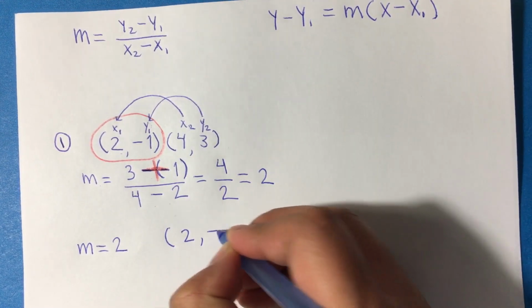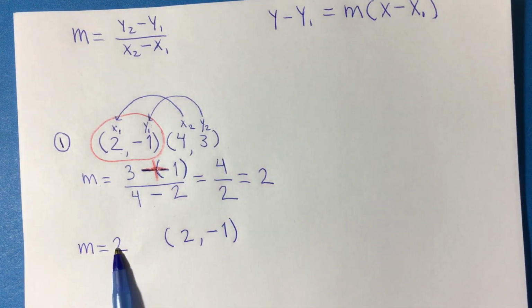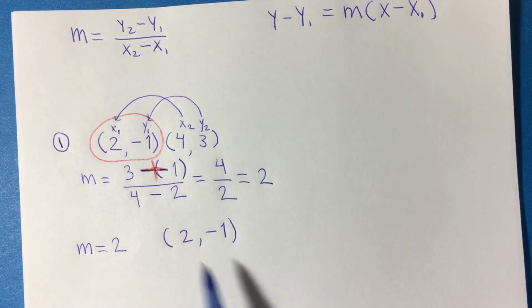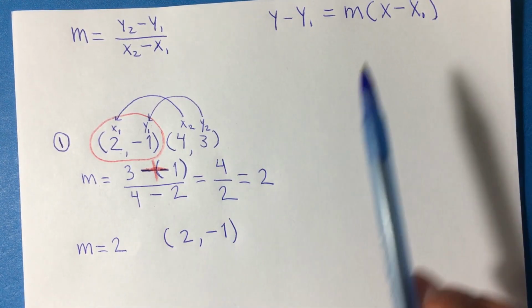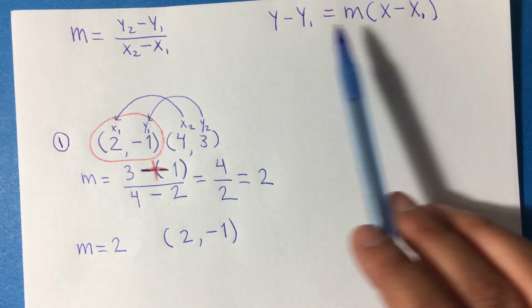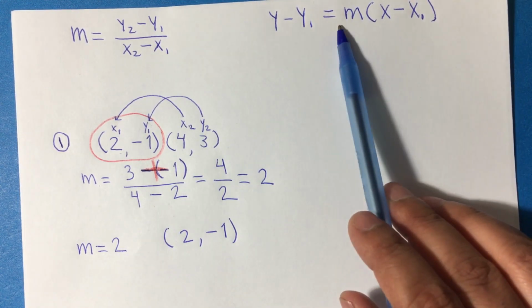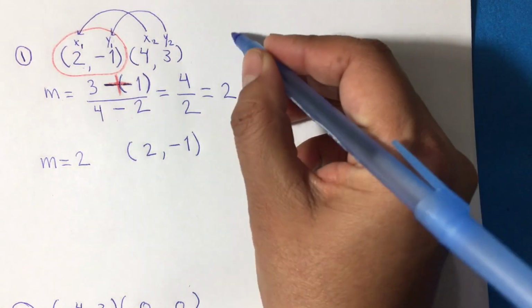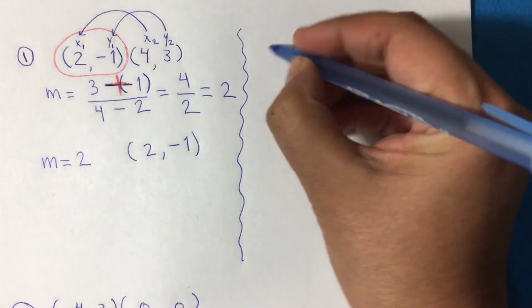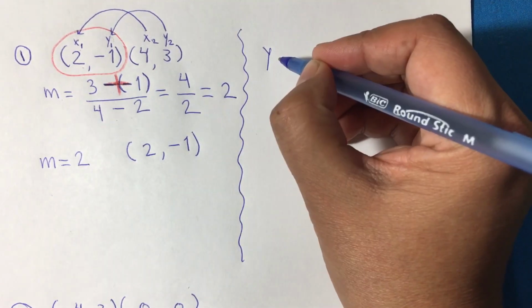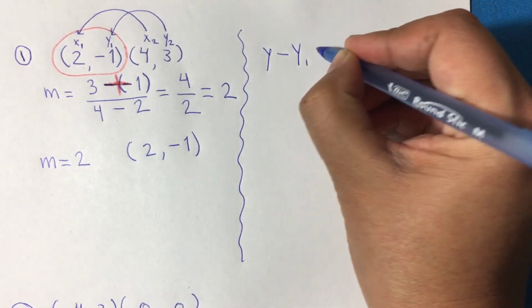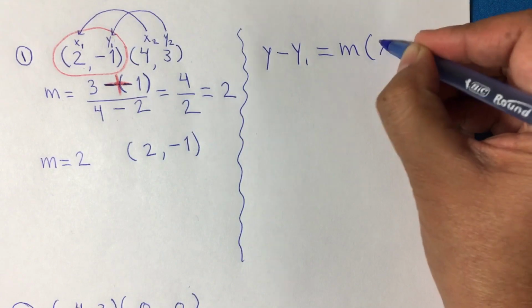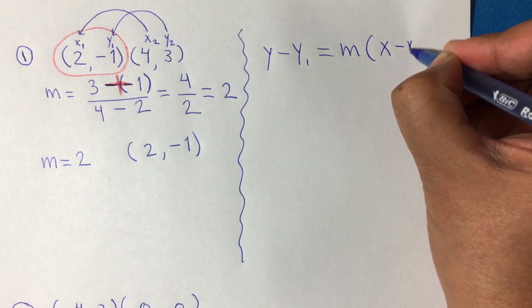So 2, -1. So that's my slope, that's my point. Now we're going to use that information to plug it into y minus y1 equals m times x minus x1. Okay, so let me put that in here. So it's y minus y1 equals m times x minus x1.